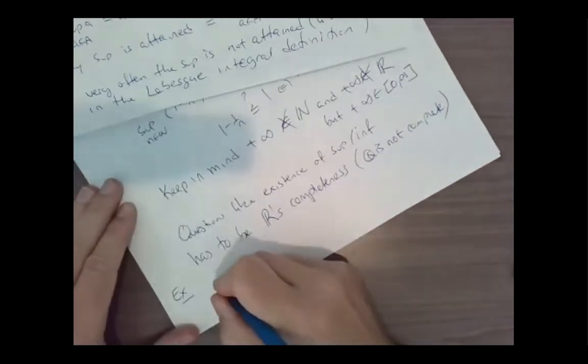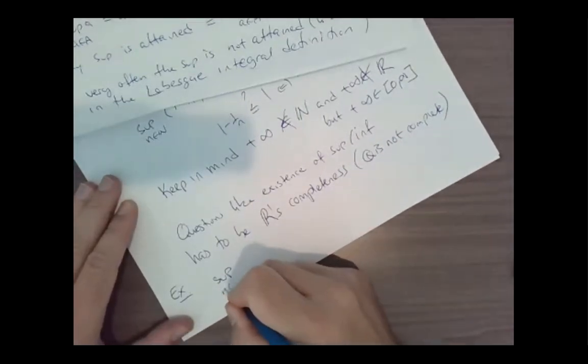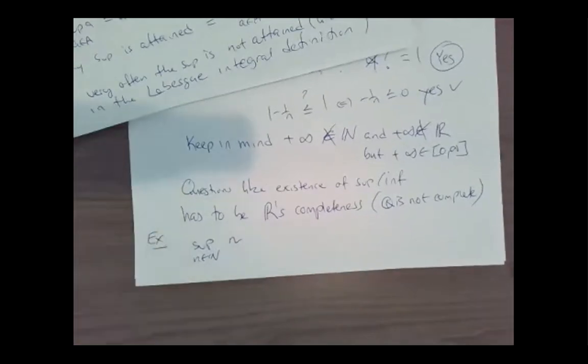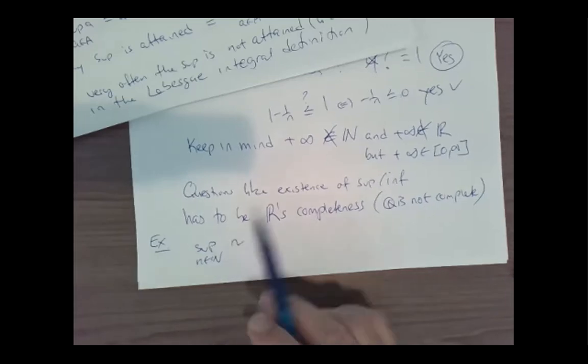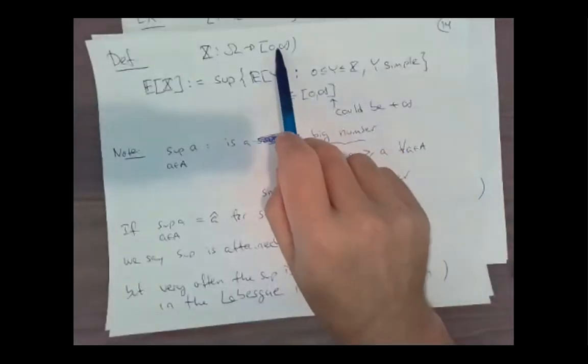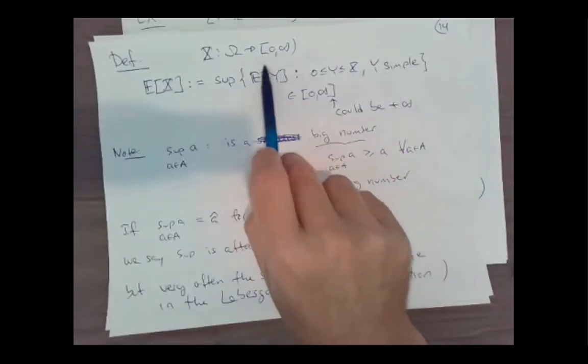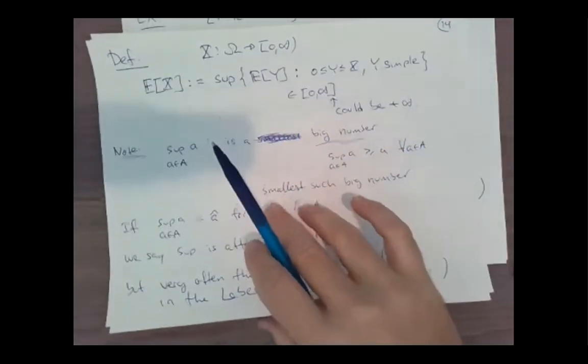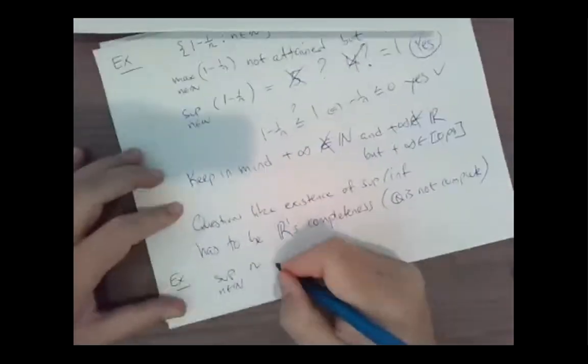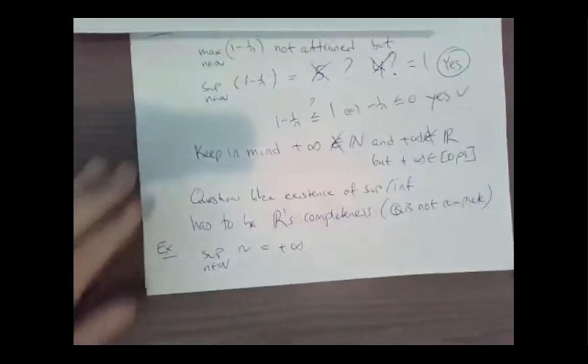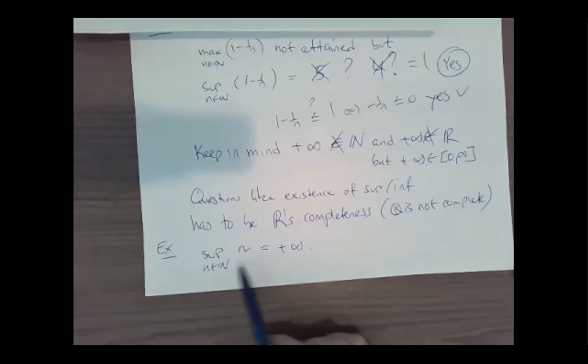A silly example is if I take a supremum over n in the natural numbers of n itself. I need a big number that is bigger than all natural numbers, and it's the smallest such big number. All these n's are finite, but they could be blowing up to plus infinity. I can easily get outside the real number system when I take the supremum.